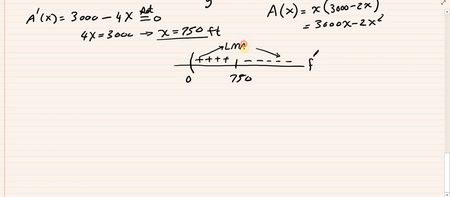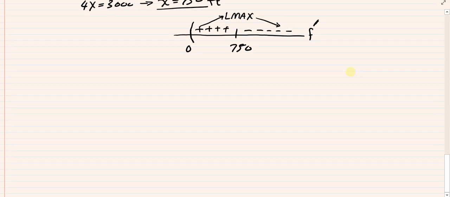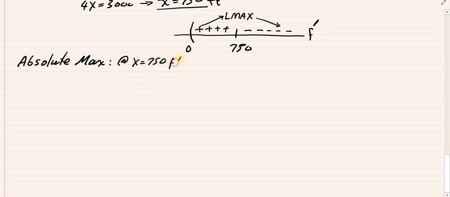So we do have, just out of habit, we write local max, but because it's the only critical number over the entire domain for this exercise, this is the absolute max. So I'm going to change the local to absolute max, and the absolute max is going to be at x equals 750 feet.